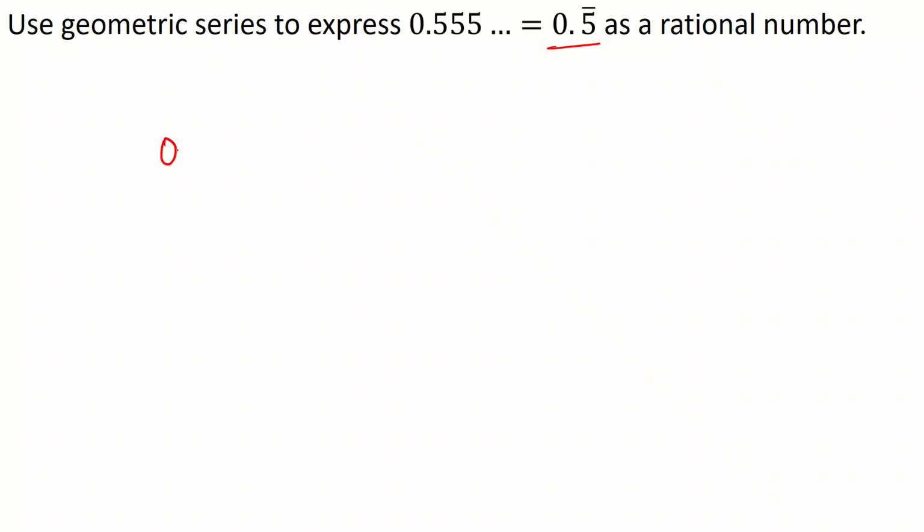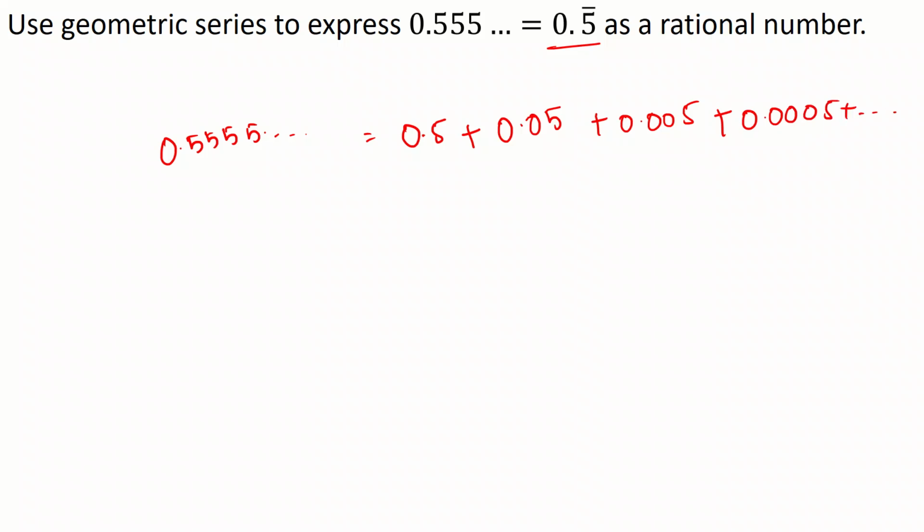So we can write down 0.5555, assume it's going on till infinity, as 0.5 plus 0.05 plus 0.005 plus 0.0005 up till infinity, because if you add all of them, you will get 0.55555.